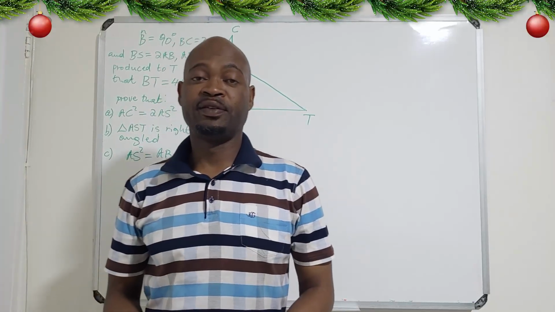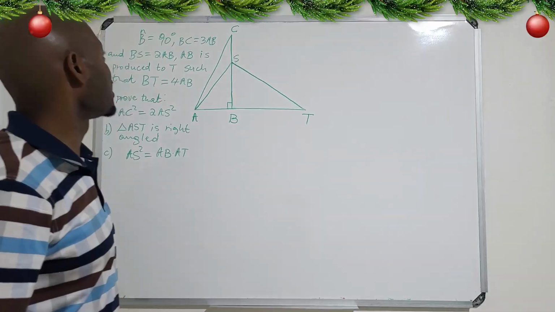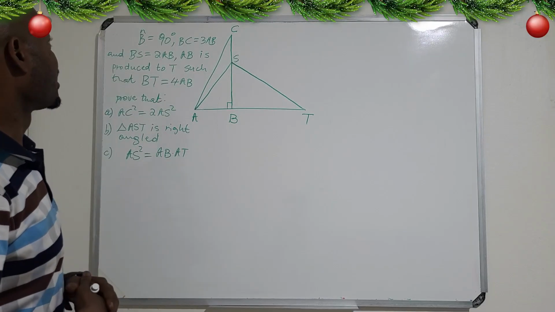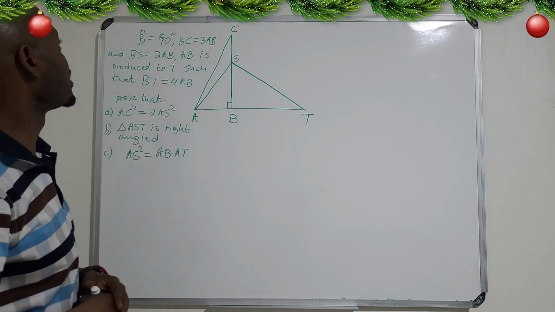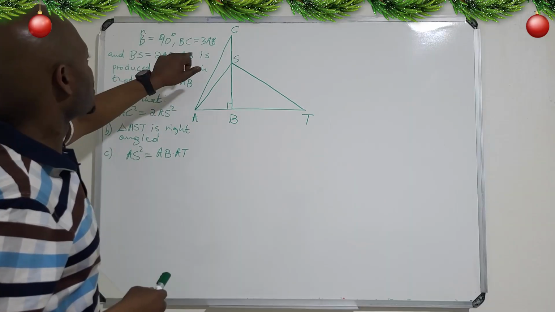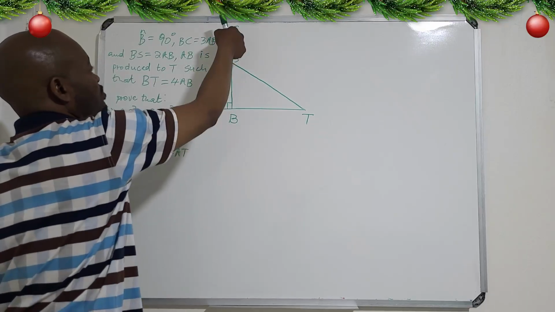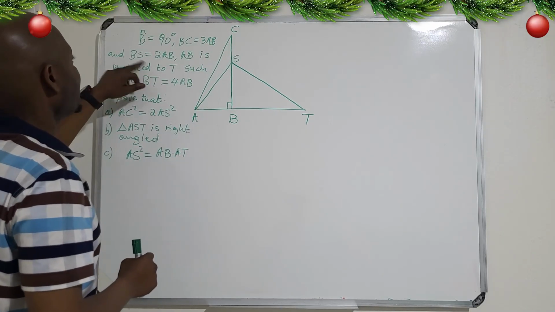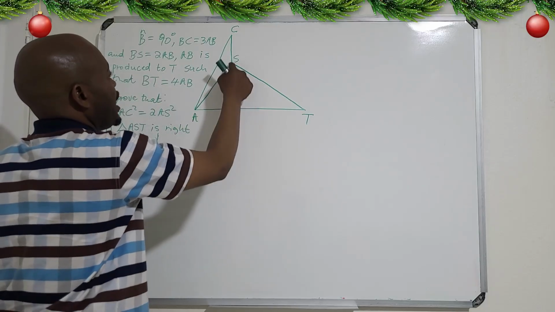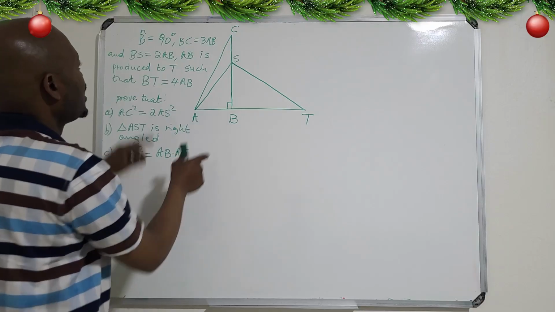Still on part 5, let's do another exam question. In this figure, angle B is equal to 90 degrees, as you can see there. We are told that BC is equal to 3 times AB, and BS is 2 times AB.